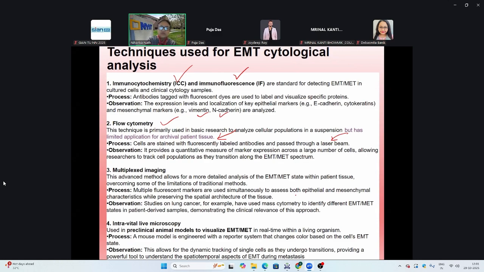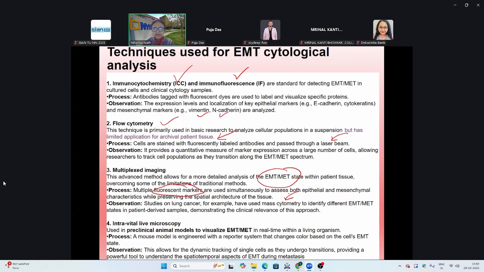Multiplex imaging is a much more advanced method, but I'm not sure how that method works. It can be used for both EMT and MET states. Forgot what the method was. Oh yeah, multiple fluorescence markers. I already showed you two fluorescence markers, so that can be done. It's combined with mass cytometry.